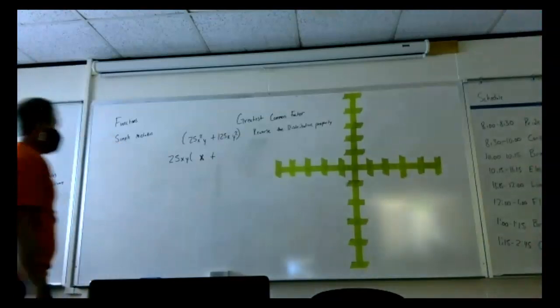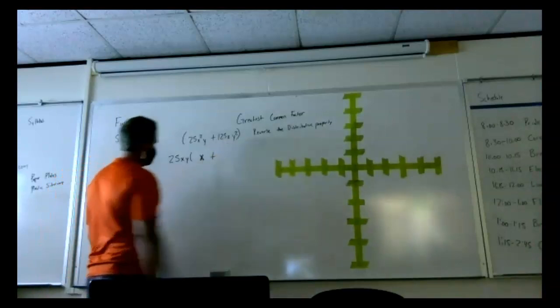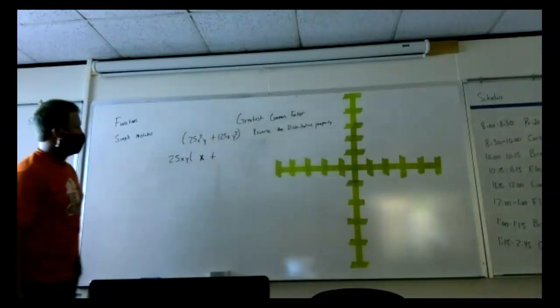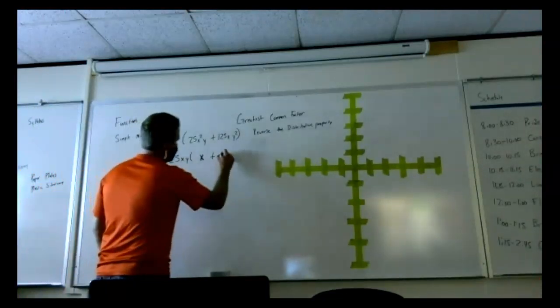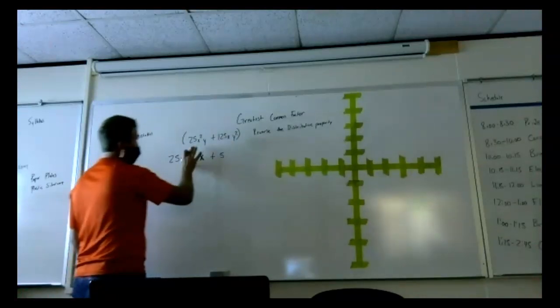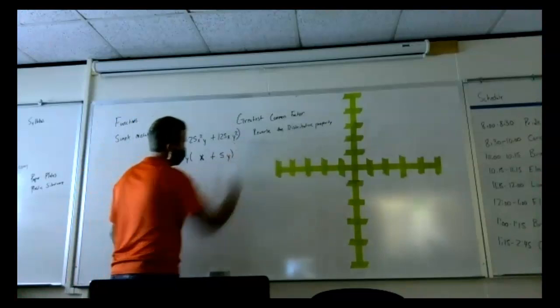Looking at our second term, we have 125x y squared, and we already know we want to factor out 25xy. So 125 divided by 25 is 5. We're already bringing out an x, so that stays, and then we would just have y.